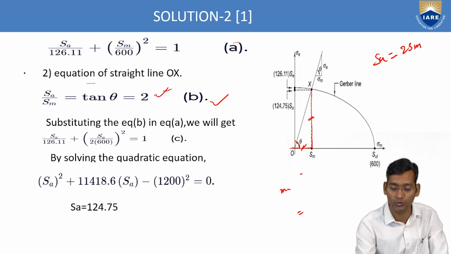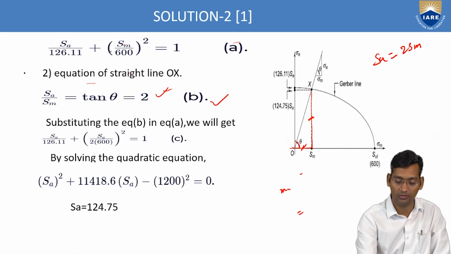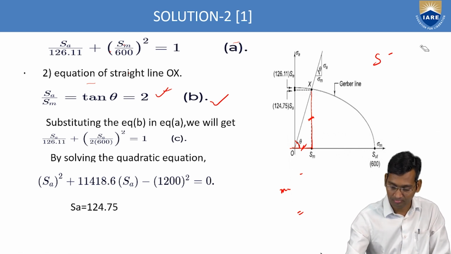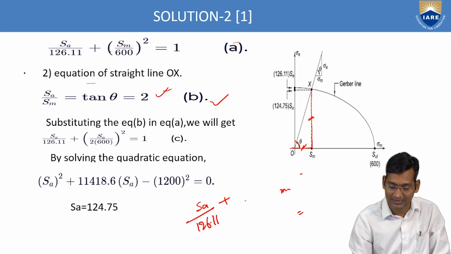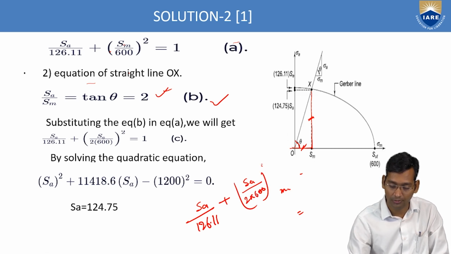So SA as 2 SM. Okay. So here now just replacing in this equation. So see what we have, that SA by 126.11 plus SM. Now what is SM from here? SA by 2. So SA by 2, that is 2 into 600, this whole square. Okay, that is equals to 1.